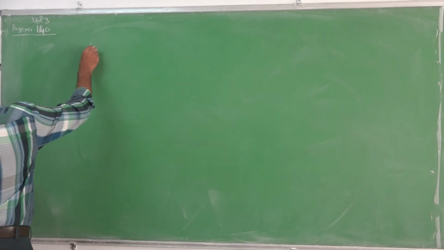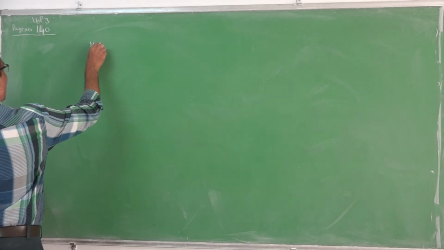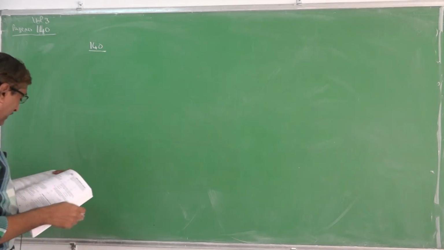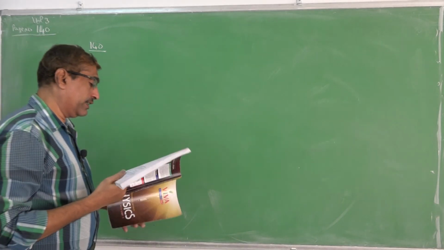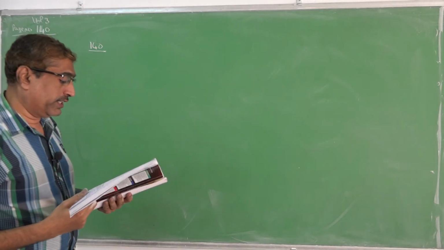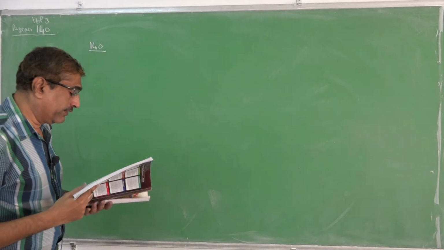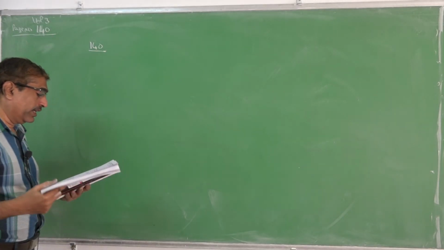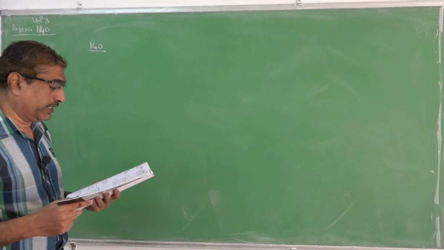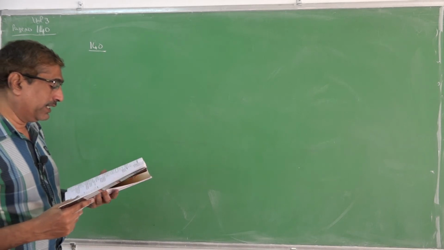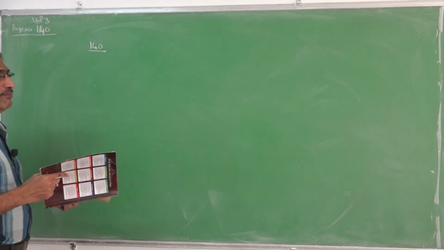Now 140. A simple harmonic oscillator of mass 0.1 kg is oscillating with a frequency 5 by pi hertz. If its amplitude is 5 centimeter, find the force acting on the particle at its extreme position.